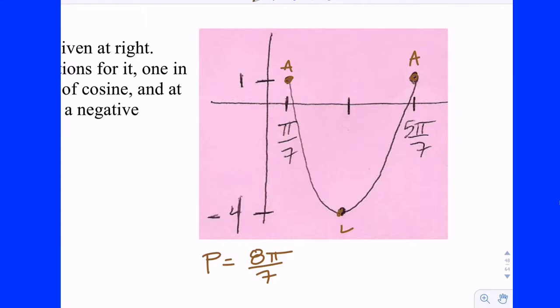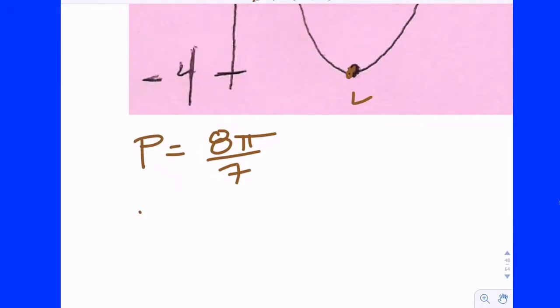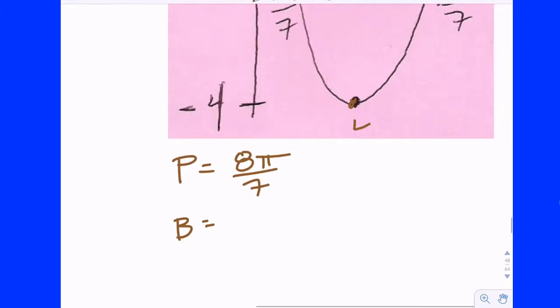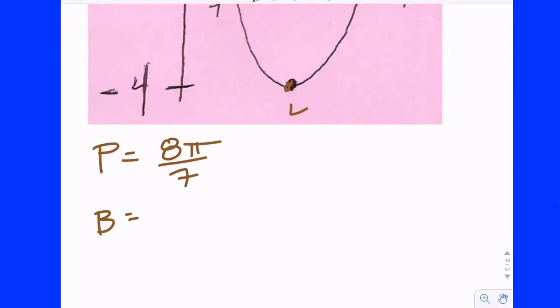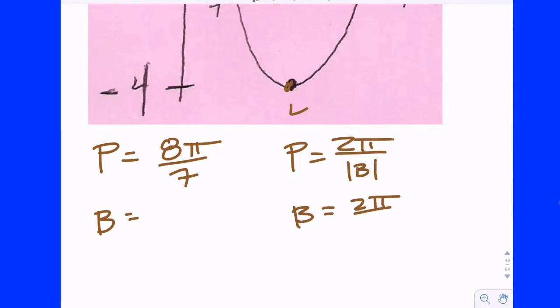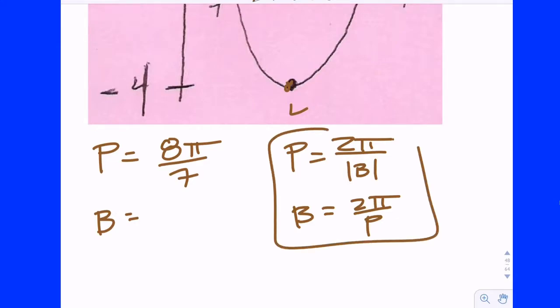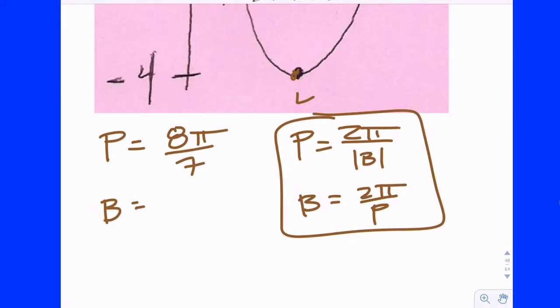All right, so once we find our period, we can immediately find the b value. Remember, you get the period from the graph, and you need the b value for the equation, which is what we're going to look at today. If the period is 2π over the absolute value of b, then b is going to end up being 2π over the period. You can exchange them in the equation. Same equation, we're just using it a little bit differently.